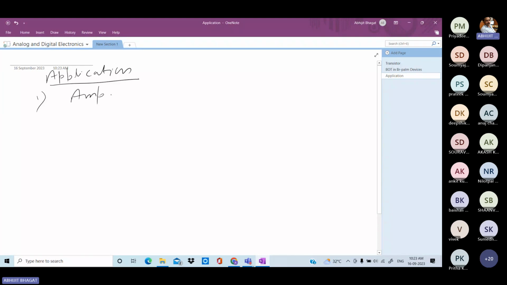So what is an amplifier first? Did you hear the term amplifier? An amplifier amplifies the signal. Suppose this is the amplifier circuit within this box, having a gain of 4. If you provide the input 2, then you will get the output 4 into 2, means you get the output 8. So the amplifier amplifies the signal.